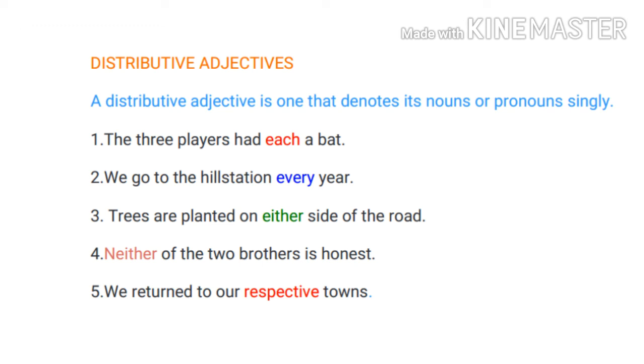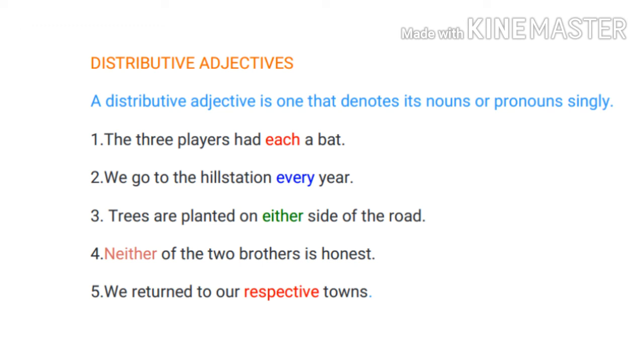Similarly, we go to the hill station every year. So here we talk about each year individually. Likewise, trees are planted in either side of the road. So we are talking about both sides of the road, but about each side separately.